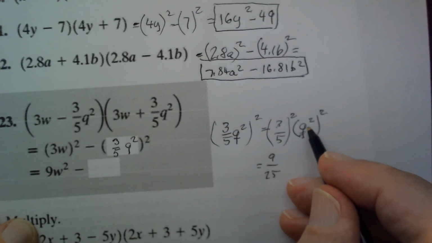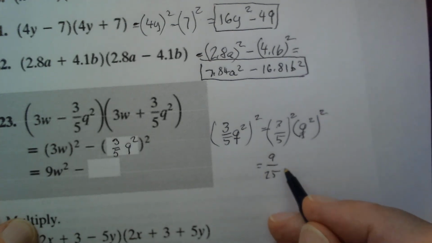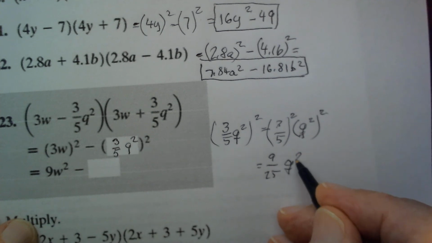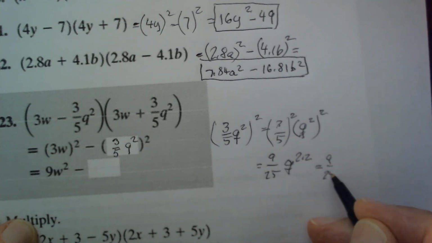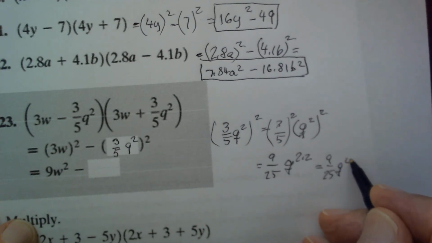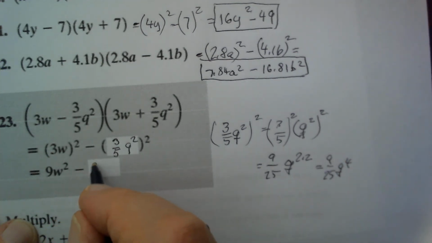So it'd be q to the 2 times 2, or 9/25 times q to the 4th. So 9/25 times q to the 4th power.